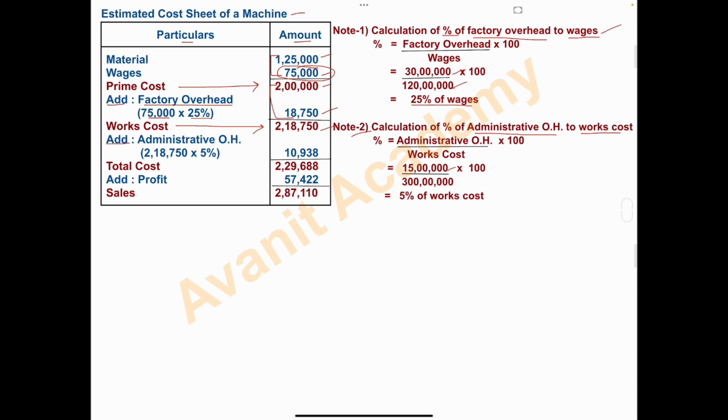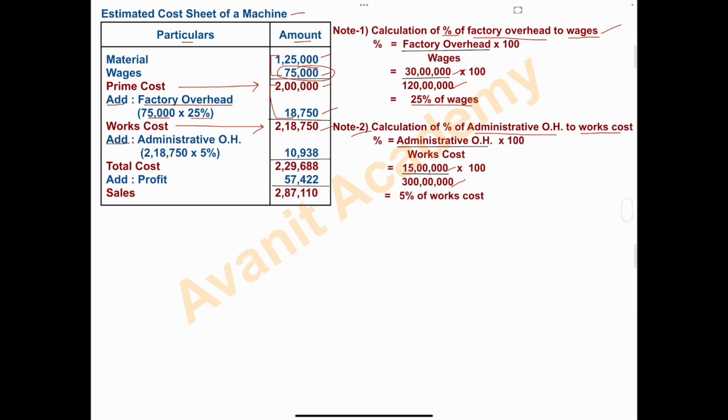So we should not take works cost from this estimated cost sheet. Previous cost sheet works cost is 300 lakhs. So write 300 lakhs. Administrative overhead amount is 15 lakhs. Works cost amount is 300 lakhs into 100.